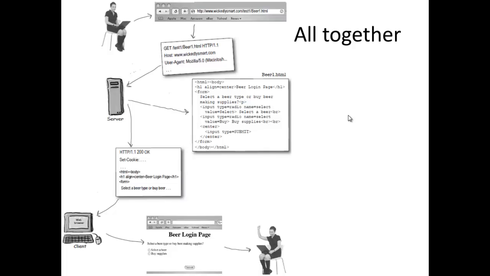It is the HTML. It creates HTML either on the fly or uses a pre-existing form to return. And this is the HTML that returns. It is parsed and rendered, as they say, by the browser. And this is the result that you get. It says beer login page and the two beers that are associated with your selection on that page.